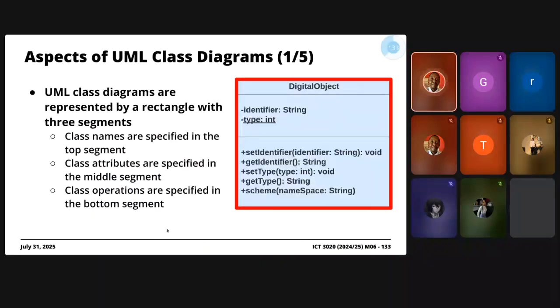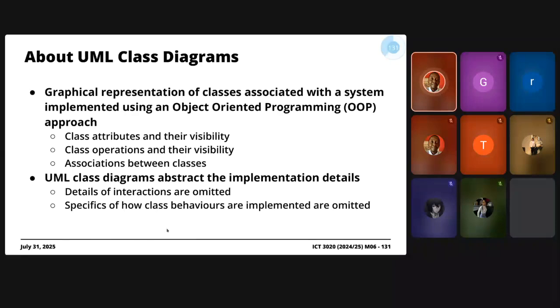Anyway, so what we're going to do here is just to showcase exactly how you specify your attributes, not just the attribute names, but access modifiers and their explicit visibilities, for instance, right? The operations as well, access modifiers and the visibilities, right? And also explicitly indicate the associations between these different classes.